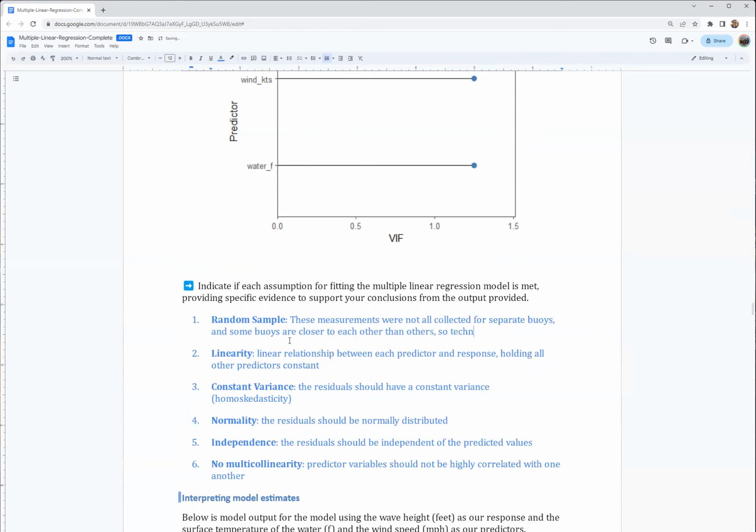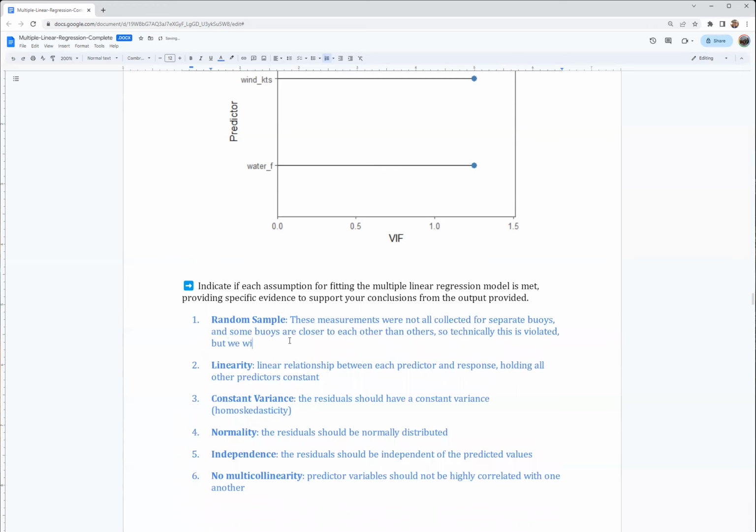So technically, this is violated. You know, we don't have a random sample of all the buoys on the Great Lakes, or a random sample of all the spots in the Great Lakes we're interested in, probably. So technically this is violated, but we'll proceed for the sake of the problem.